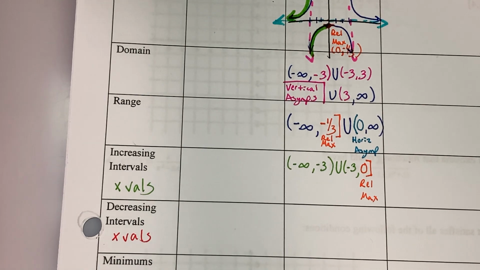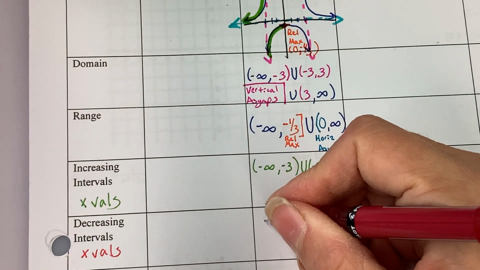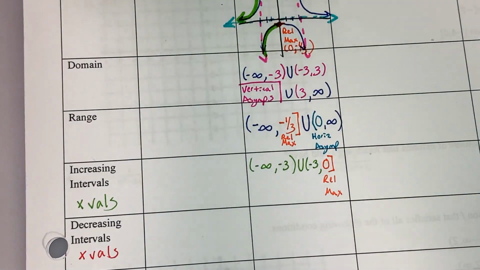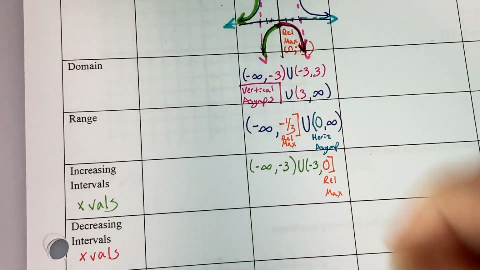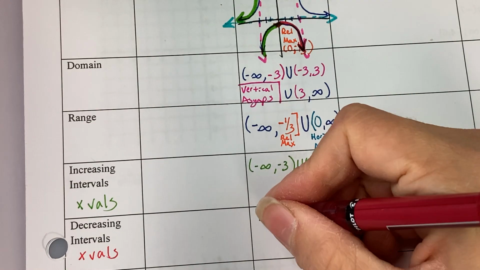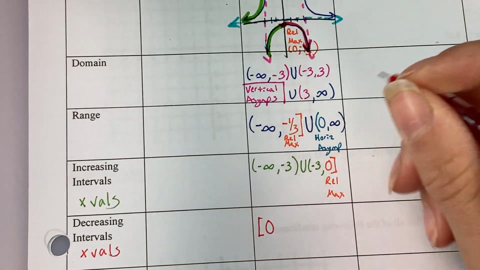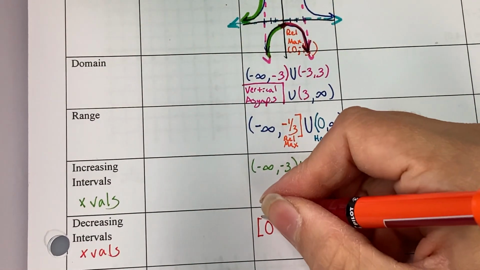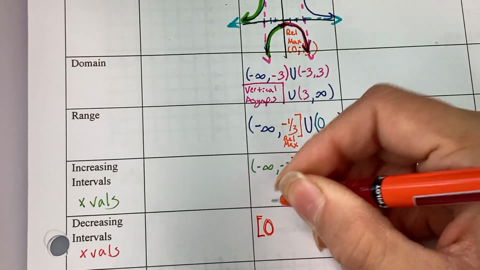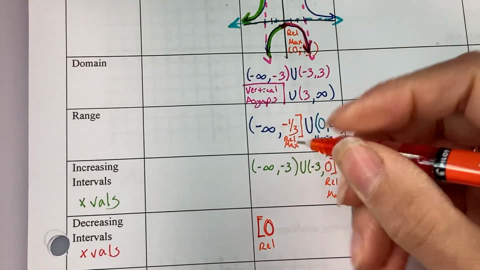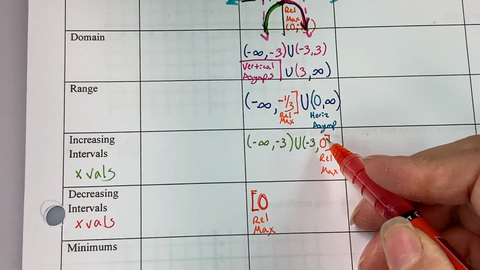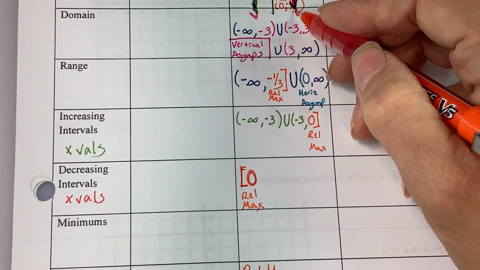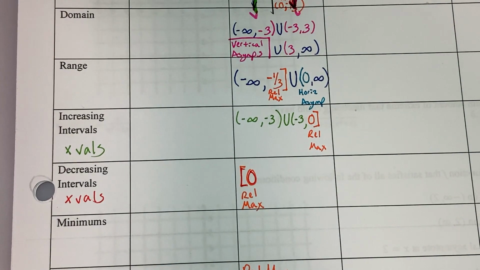So for my decreasing interval, we start at 0. That's where that relative maximum turning point is. And then we decrease from 0. Ooh, and I should have made that orange. I'm going to write relative max by that. So we start at 0, where the increasing stops, and we go from 0 to 3, where we have our next break at that vertical asymptote.